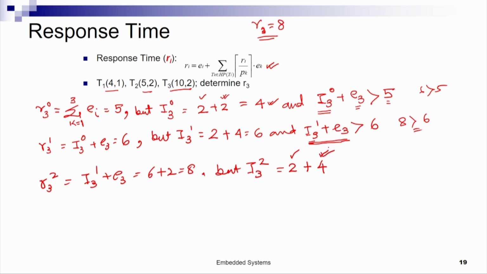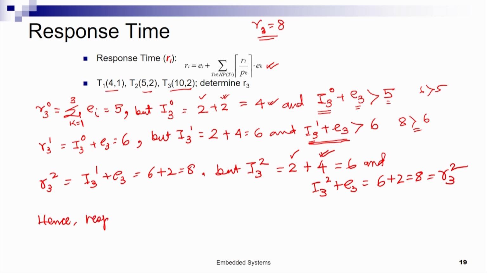So the total interference caused by tasks T1 and T2 is equal to 6, and we have I32 plus E3 equals 6 plus 2 equals 8 equals R32.